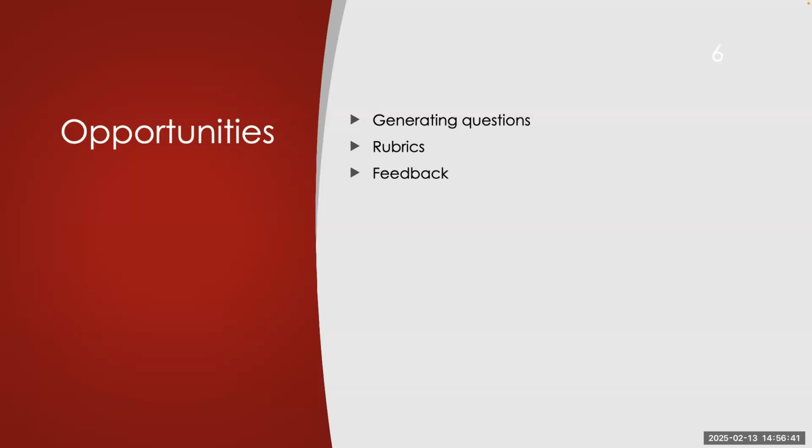So by using the AI to generate questions, you can also have it generate, if the student chooses wrong answer C, what does that say about their thinking and how they could correct their thinking to get to that right answer?